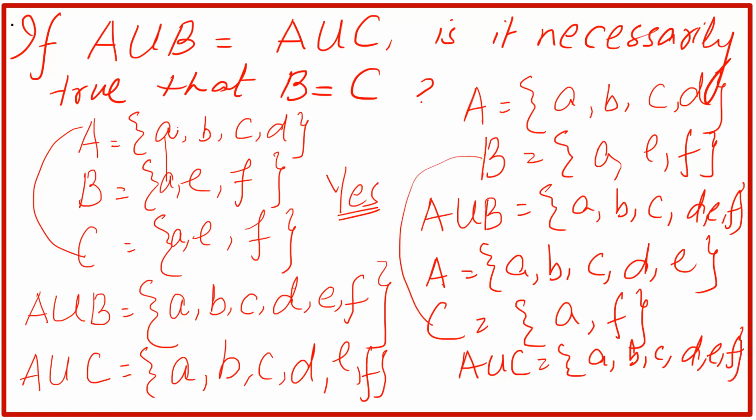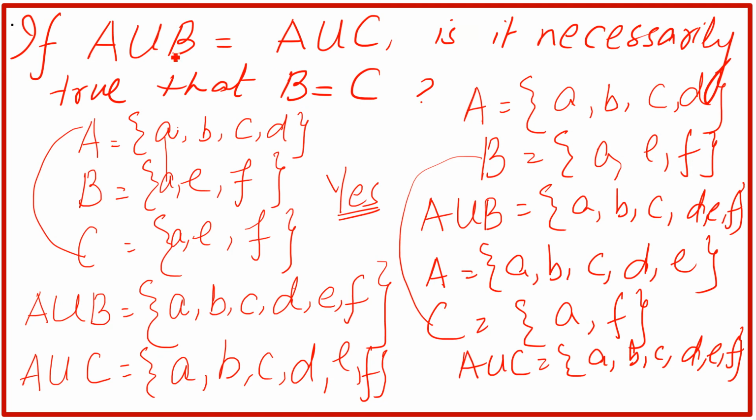But B and C are not the same. Here we have A, E, F, and here we have A, F. If these sets are constant, we are using only these elements, so it is yes, B should be equal to C. But if we have one set A and B we are using for A union B, and another A, because in union we have to write down each and every element, so in C I have only A and F, but still I have to write down each member every time.